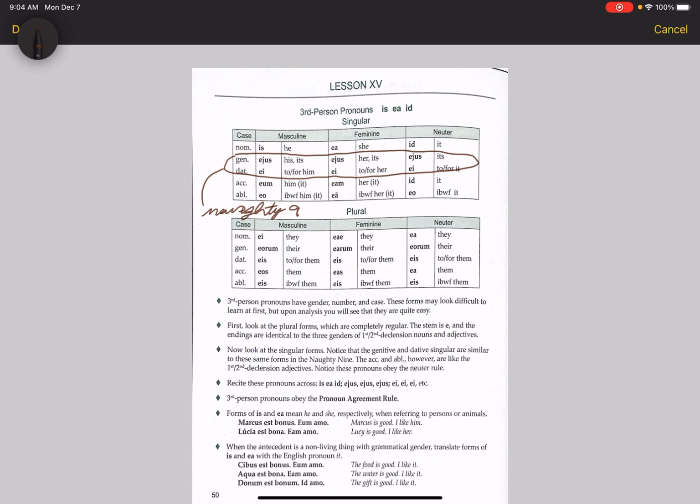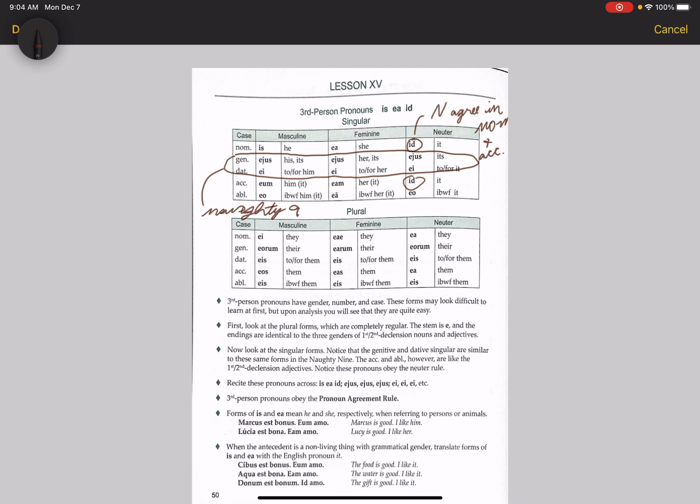So the accusative is eum, eam, and id to match the nominative singular. Remember the neuter rule, that neuters always agree, or match, in the nominative and accusatives.